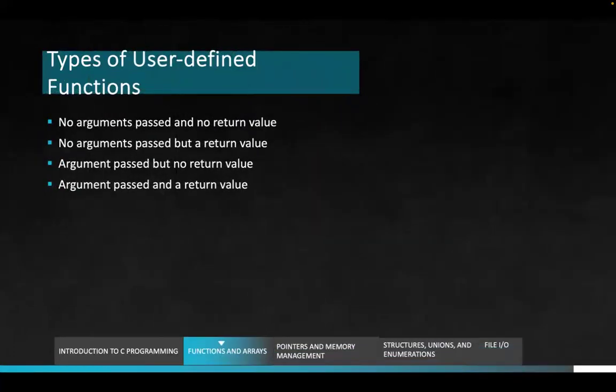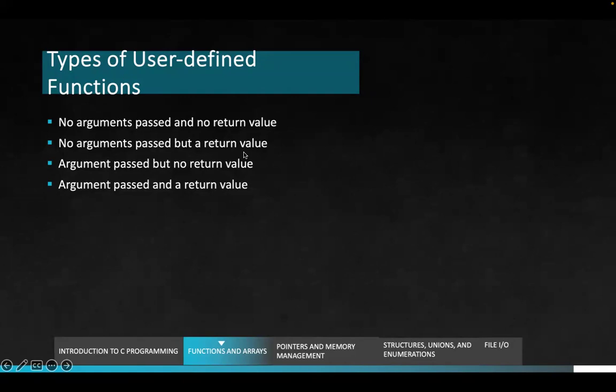Now coming to the user defined types of functions. We have 4 different types of user defined function. First one is no argument passed and no return value. That means inside the function, there is no argument defined and there is no return value also. If that function is called, it will do some calculations or instructions inside the function and just complete. Next one, no argument passed but a return value.